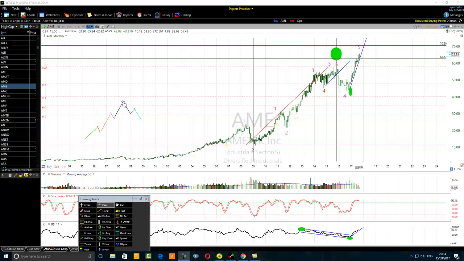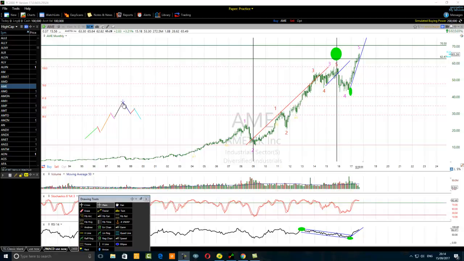The next thing that we can deduce from that simple rule is that when we have an impulse wave without any Elliott wave violation, the following wave is likely to be a corrective wave. So you are counting 1, 2, 3, 4, 5, and you analyze the structure of that wave.